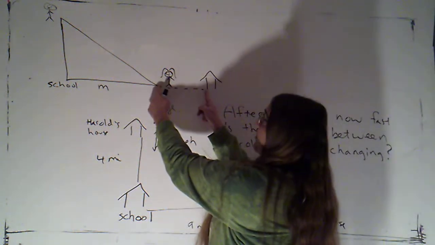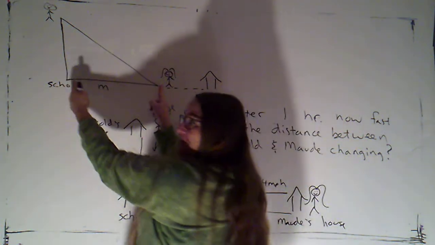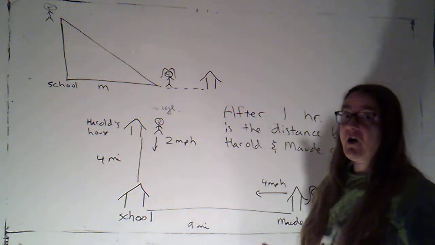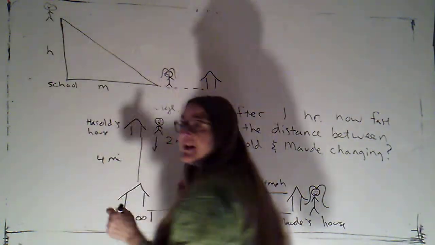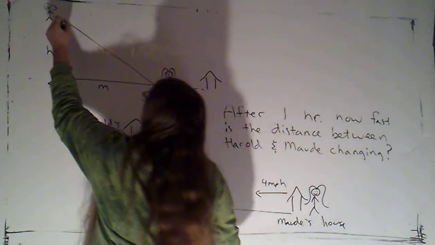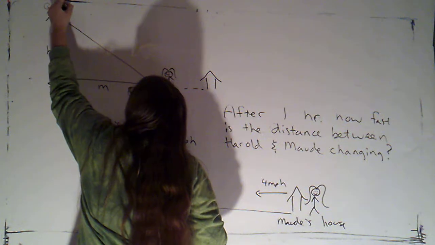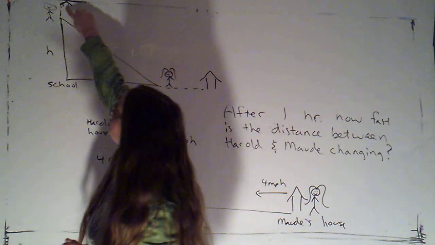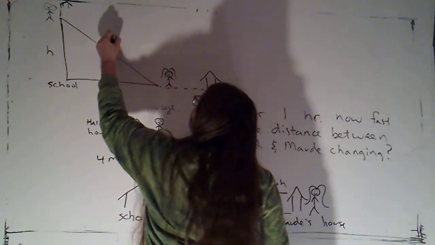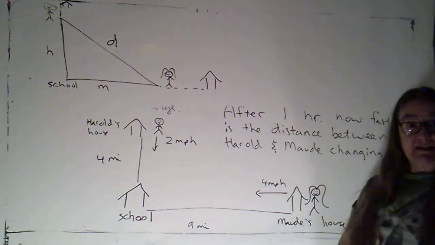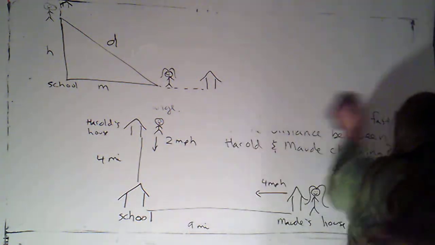This would be how far Maude had walked, but that's not in this triangle. The distance that Maude still has to go to school is what I'm calling M. Okay. Same thing with Harold. I'm going to let H be Harold's distance from school. And that's not necessarily the same as the distance that he's walked, because his house might be further up there. Okay. And I'm going to let D represent the distance between Harold and Maude.